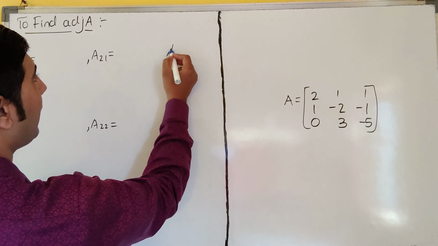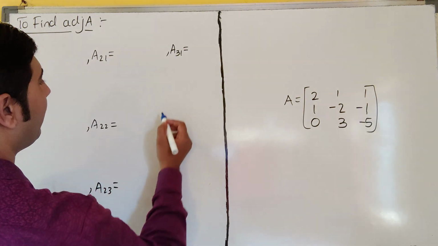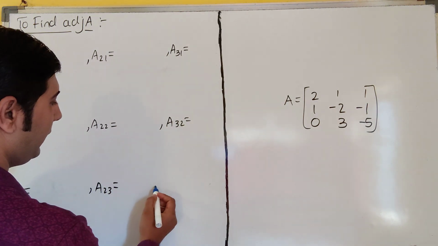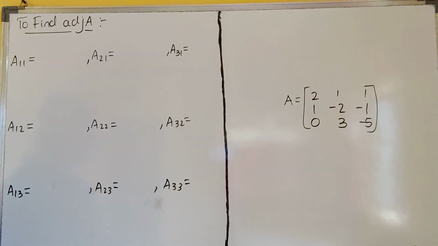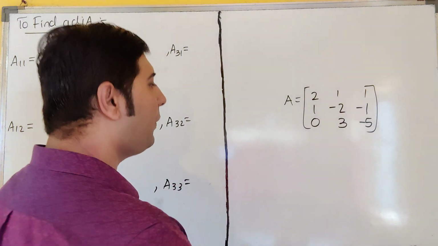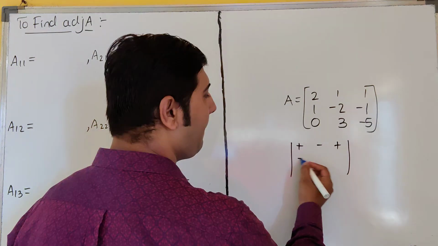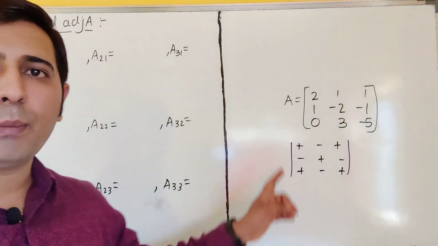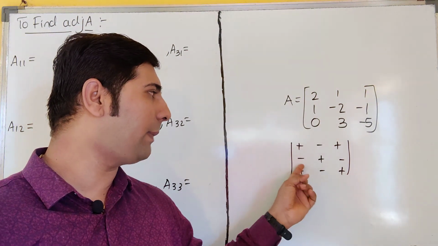Last you have to write A31, A32, A33, dear students. Fine. We have to find all these cofactors, dear students. For that, just now I had written plus minus plus, minus plus minus, plus minus plus. Same to same. You have to write the signs for this. Plus minus plus.